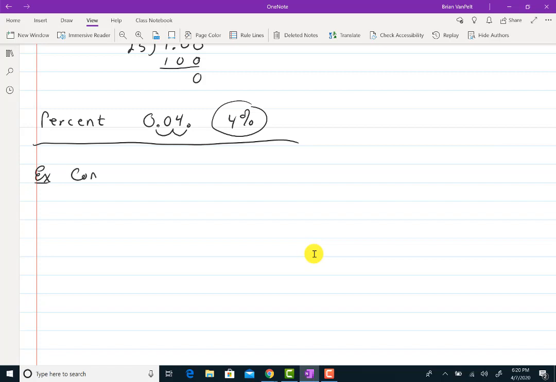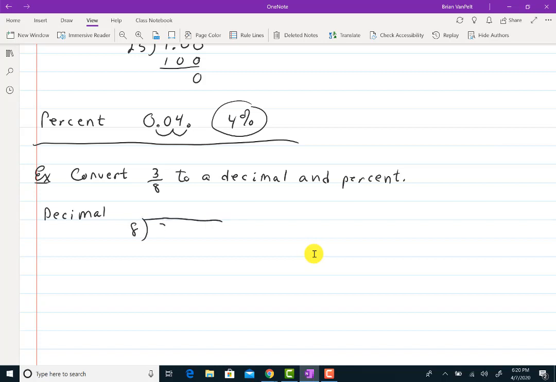Let's convert 3/8 to a decimal and percent. So to do the decimal, I'm going to do 8 into 3, well, 8 into 3.0. 8 goes into 30 a total of 3 times. 30 minus 24 is 6, and bring down a 0. 8 goes into 60 7 times.